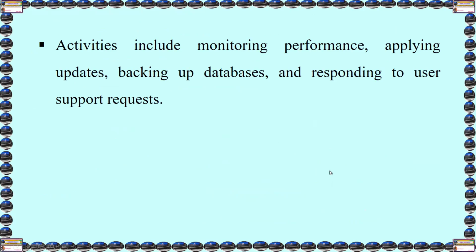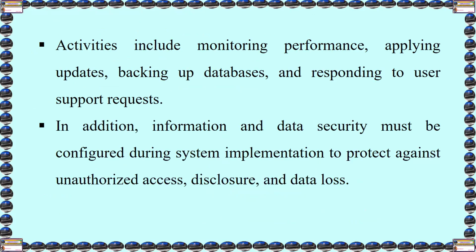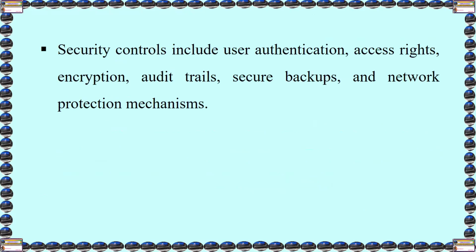Activities in maintenance include monitoring performance, applying updates, backing up databases, as well as responding to user support requests. In addition, information and data security are key and must be configured during system implementation in order to protect the system or the data against unauthorized access, disclosure, and data loss.